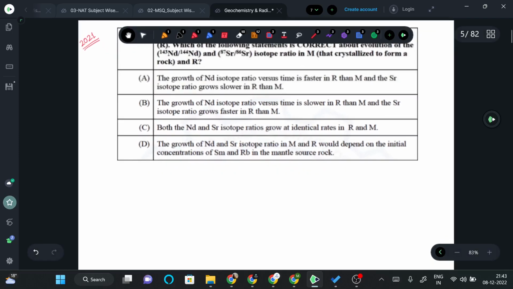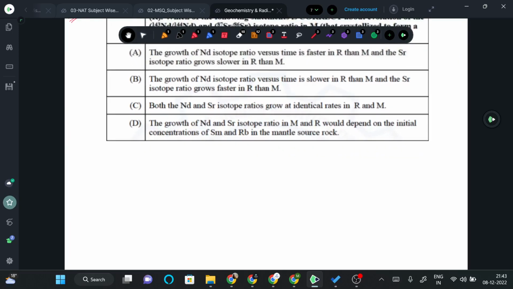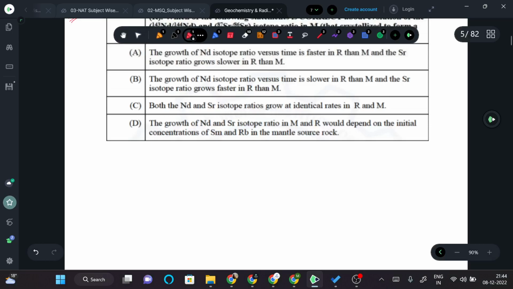Firstly, try to understand a basic concept before we jump onto the question. What happens is there is a source rock. Whenever this source rock melts, let's call it S, it gives two products.